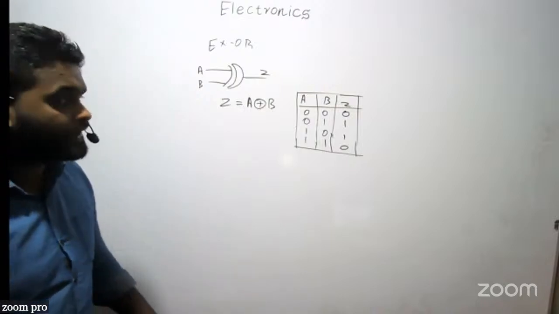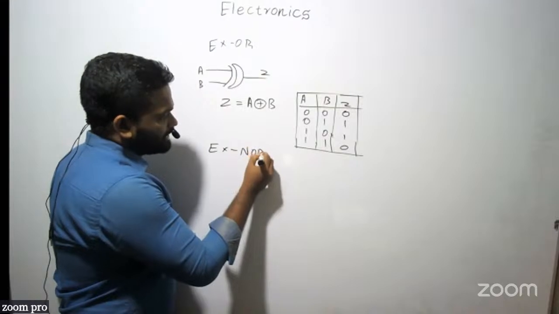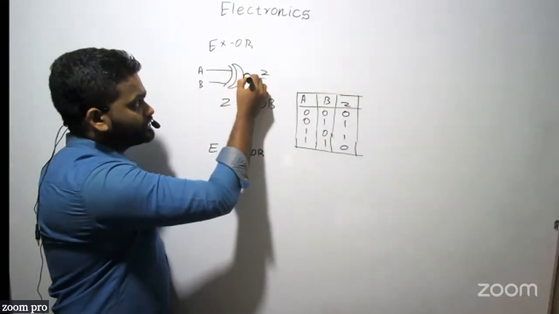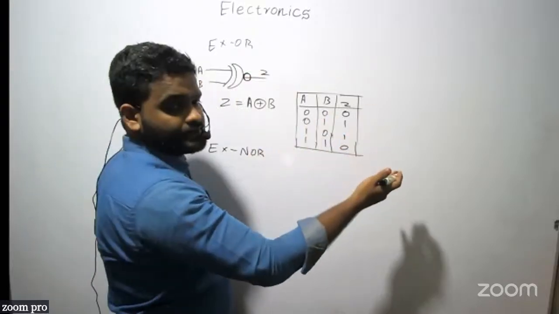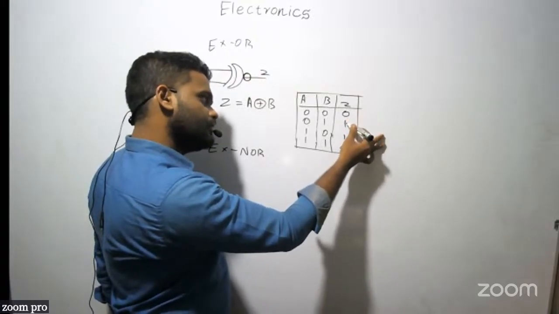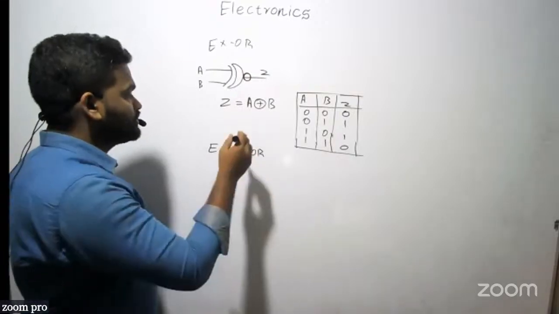Okay. Then we can have an XNOR gate. All you have to do is put this mark here. So you get the opposite of this. If you get a 0, then you get a 1. Instead of 1, you get 0. That's all that happens, right? So that is called the XNOR gate.